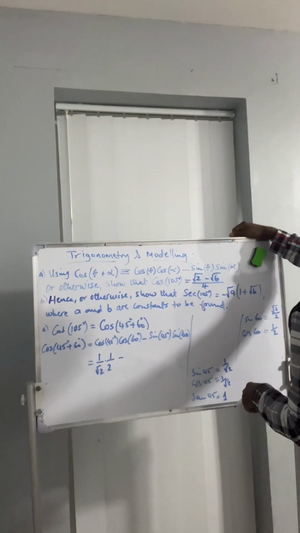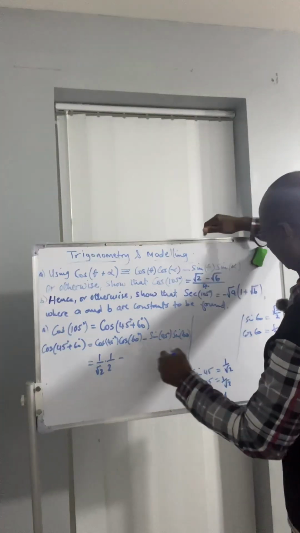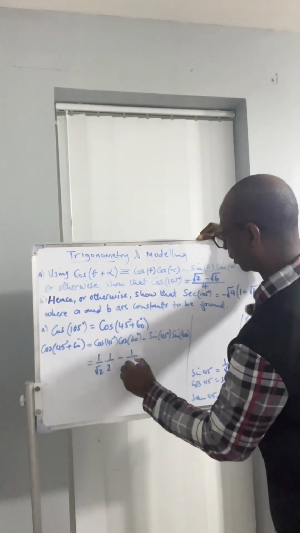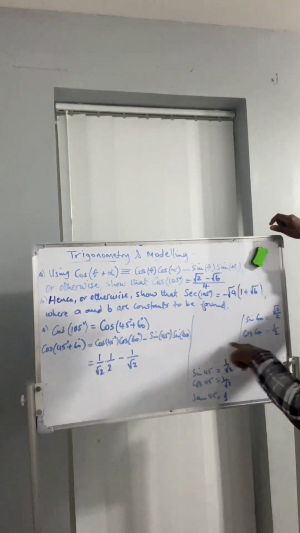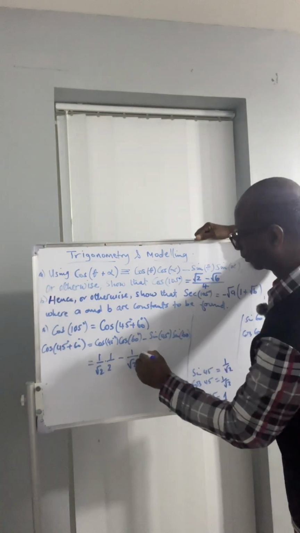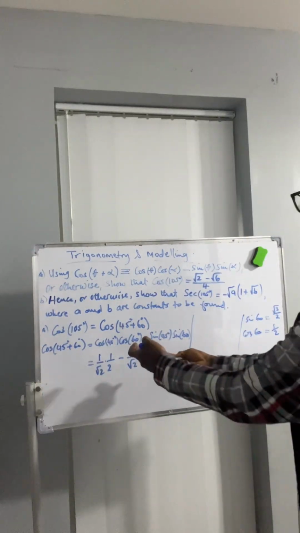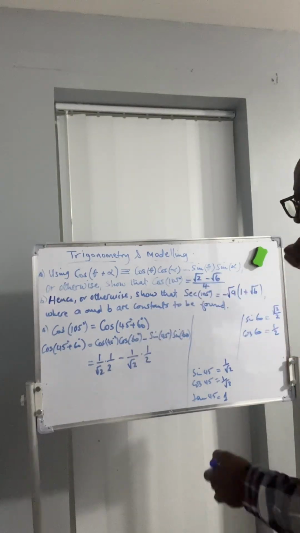Sine 45 is 1 all over root 2, and sine 60, wait for me, is 1/2. So when you just break this one, you will get this.